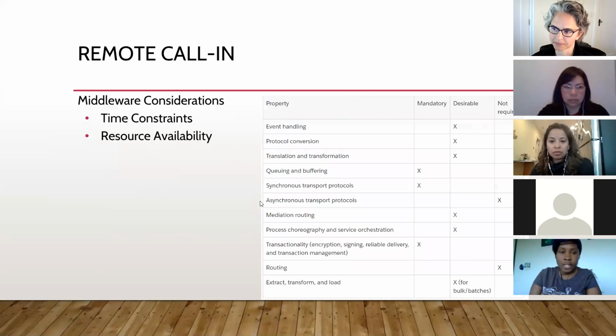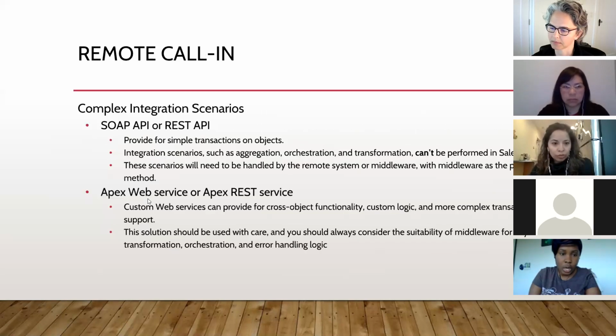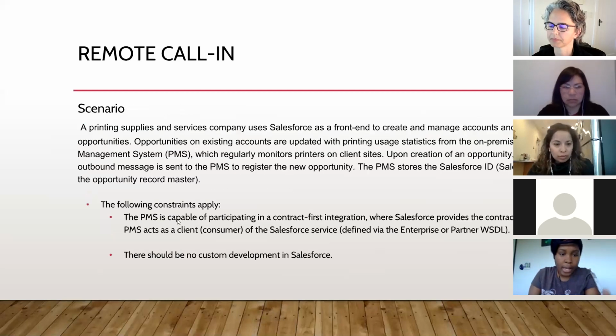I also added a scenario too at the end that I thought was pretty interesting. It was actually in the slides. I added this scenario, and it kind of gives you the constraints. So I didn't know if you wanted to talk about it a little bit while I was here, or if I can talk through it as well.